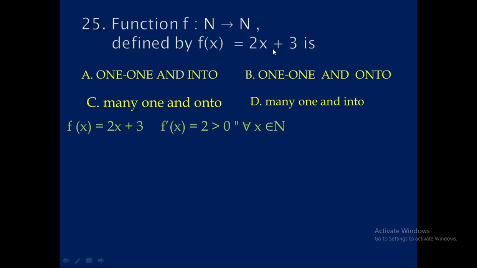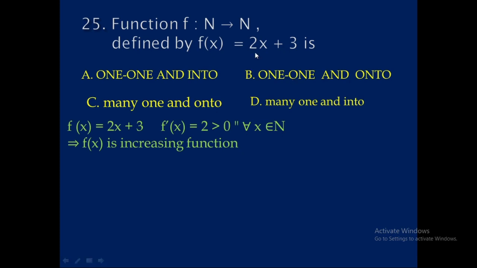Therefore, this function is monotonically increasing. A monotonically increasing or decreasing function is always one-one. Draw a line parallel to the x-axis: it cuts only one point. Therefore, this function is one-one, so either option A or option B.